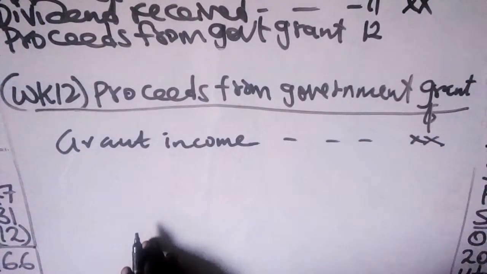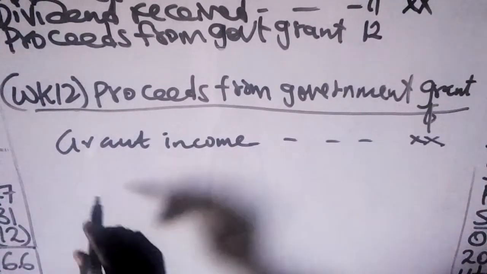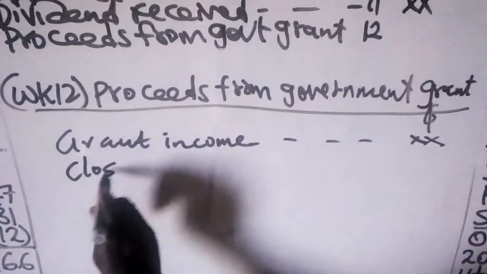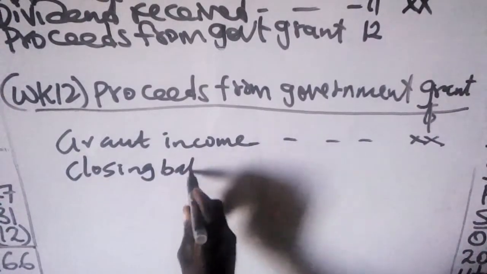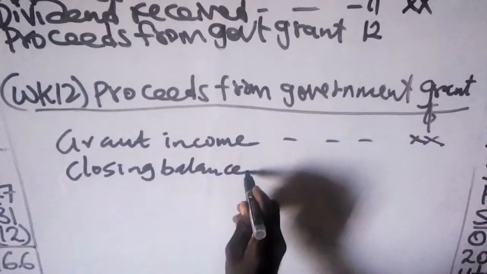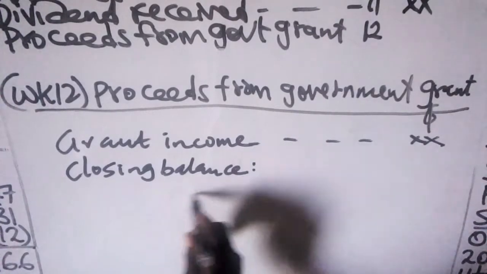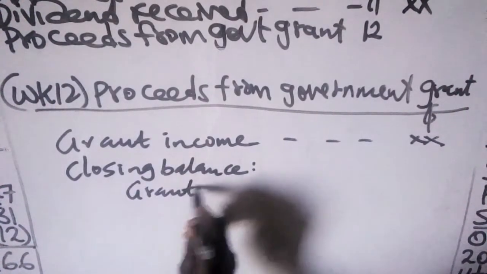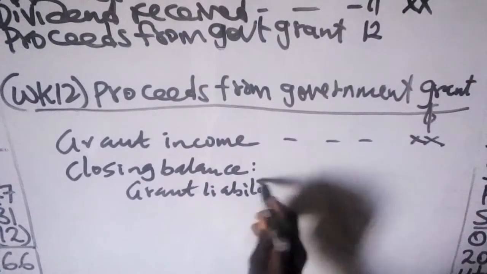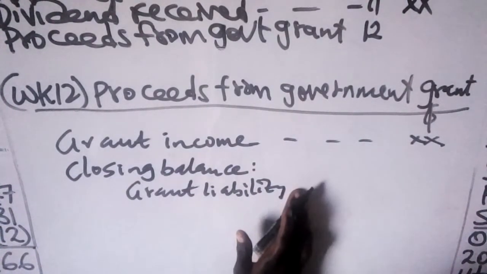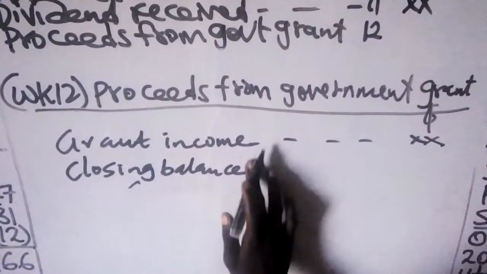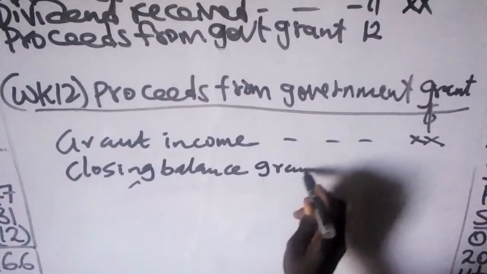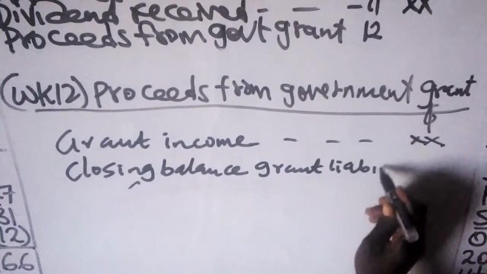Then you add the closing balance of grant liability. You used to have the payable, the opening balance, under current liability. Then you add the closing balance of grant liability, the one shown as liability.